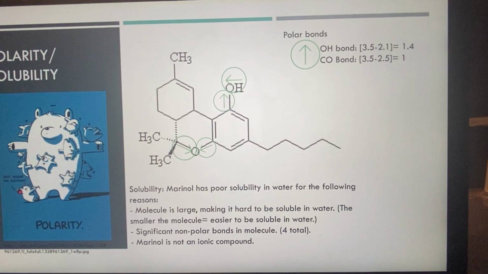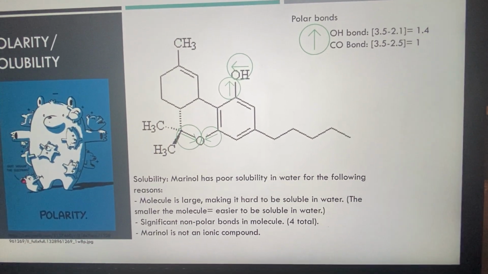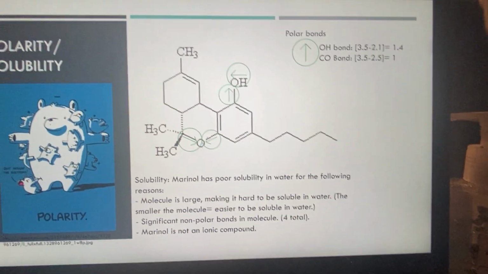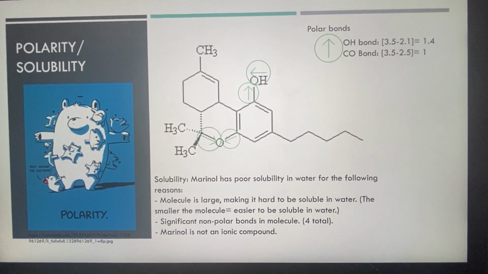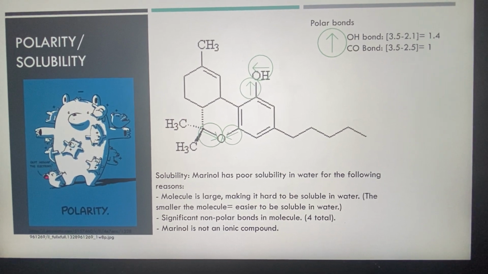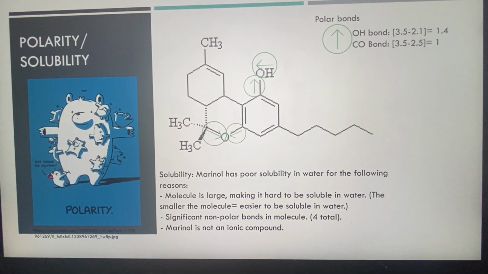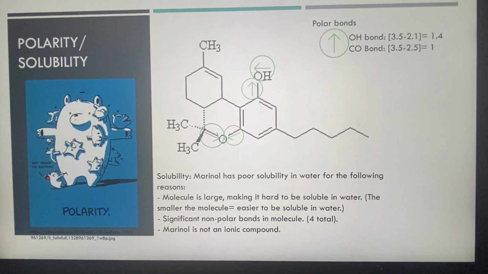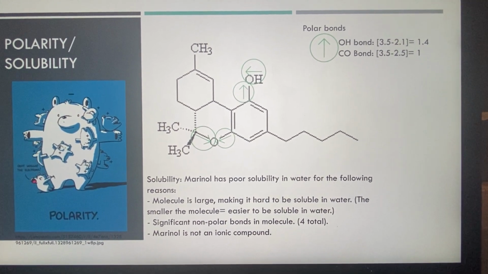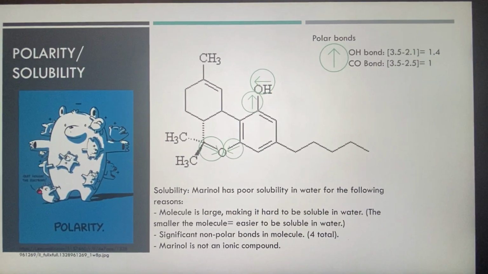So Marinol has poor solubility in water for the following reasons. The molecule is large, making it hard to be soluble in water. There are significant nonpolar bonds, with only four polar ones. And Marinol is not an ionic compound.